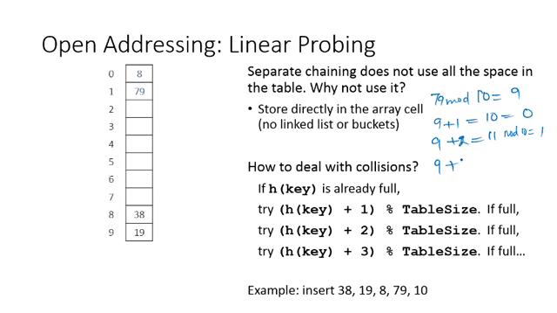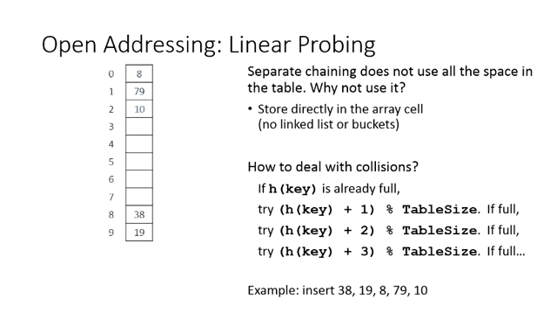So 9 plus 3 is 12, and 12 mod 10 gives the second location. The first location is still free, so 79 will be stored in the first location. This is how the mod calculation is done for linear probing.